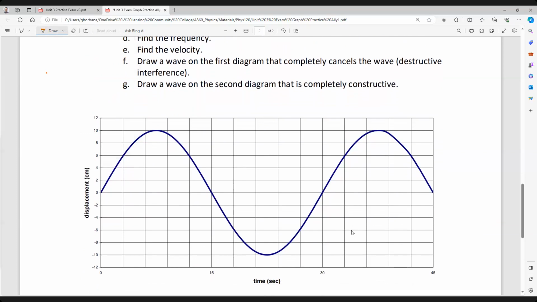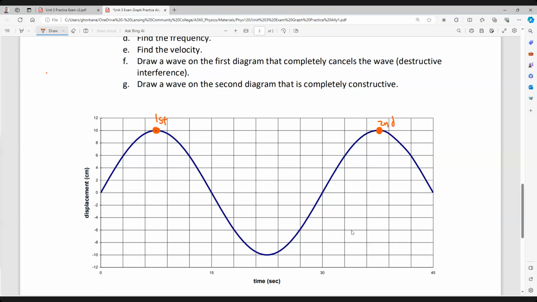What I do here, I'll just try to find the 2 same points on the wave. 2 crests, 2 consecutive crests. The first crest I see here and the second one.